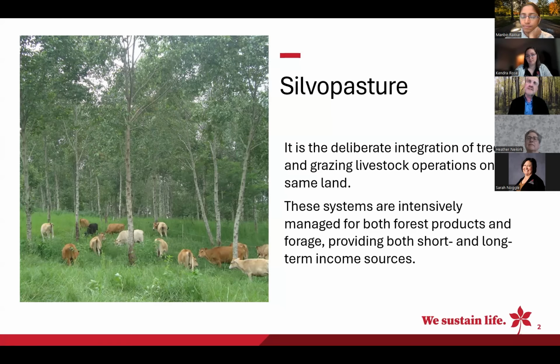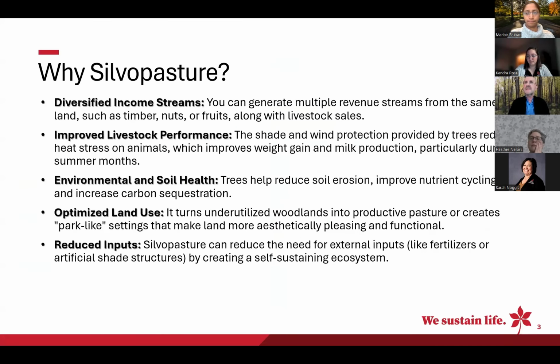And obviously, there's a lot of benefits from that. Particularly, not only are you raising the livestock that you are wanting and intending to raise, but you also have other kinds of products that you can get from the land, whether it's timber, whether it's fruits, different kinds of things from the same land.